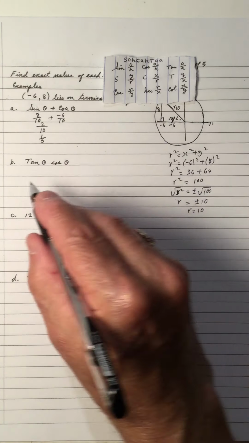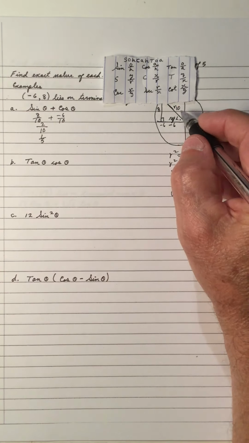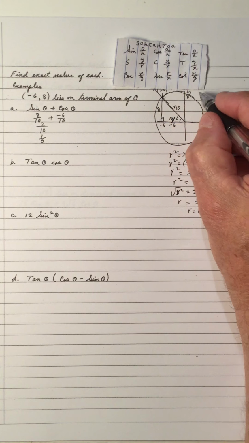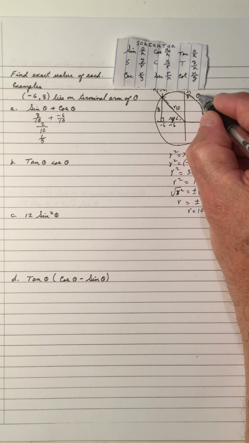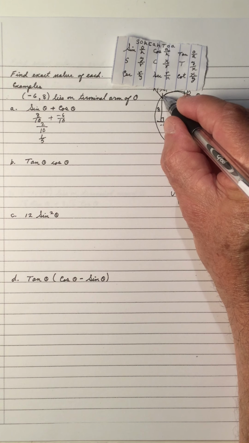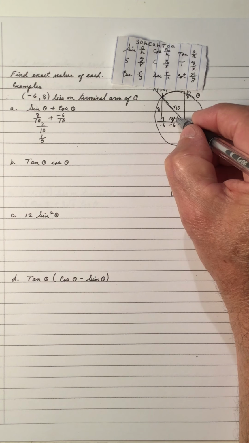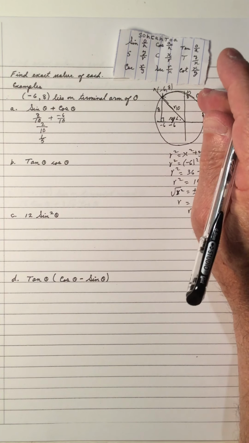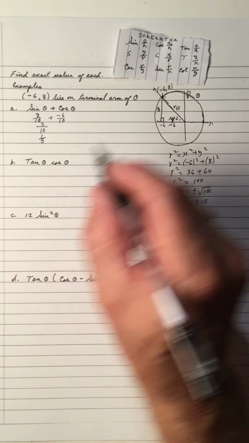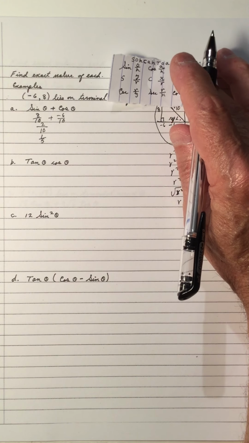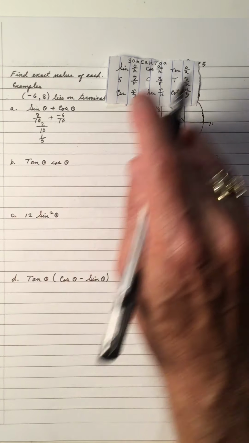And the tan times cos, we're going to use the same triangle with the reference angle. Just a reminder, theta is this rotation from here right around to here, and the reference angle that's in this right triangle determines what numbers we're going to use. So tan is the y over the x.